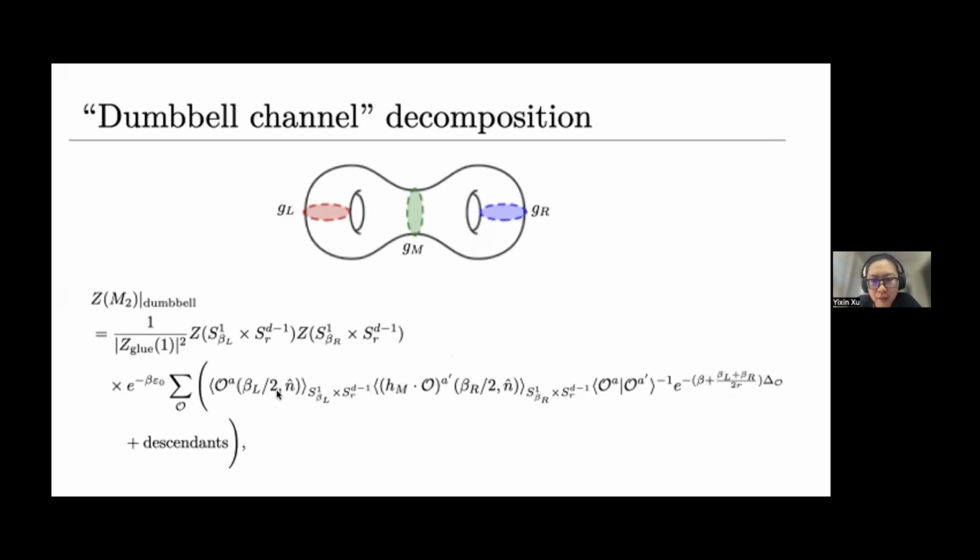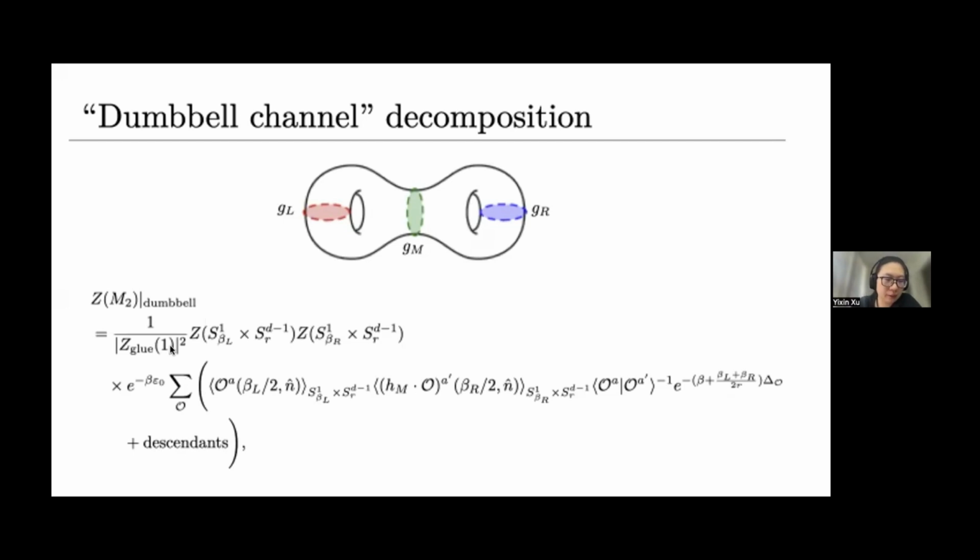Now, perhaps in this formula, I should explain a little bit what the factor Z glue means. Whenever we glue a cylinder onto a plane or onto an annulus, the metric might not be smooth at the junction where the cylinder meets the plane or the annulus. So we will capture this non-smoothness by adding this extra factor Z glue.